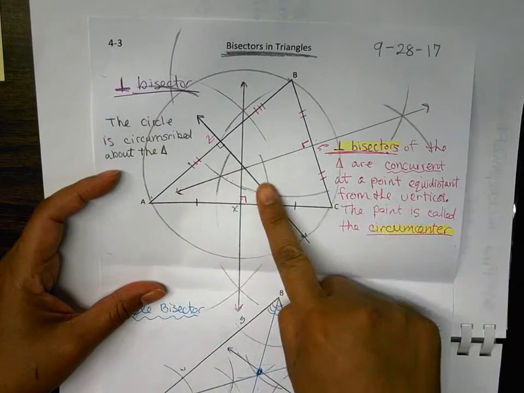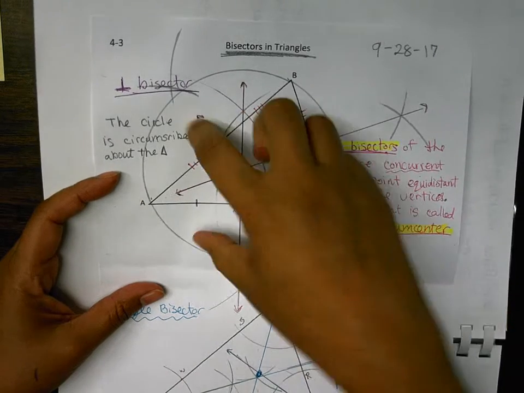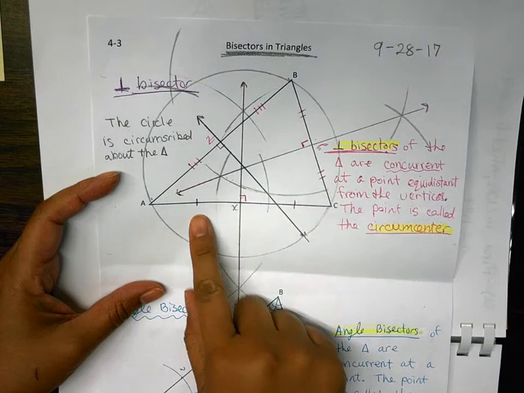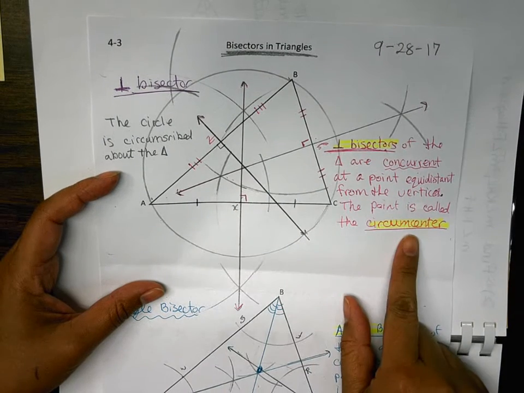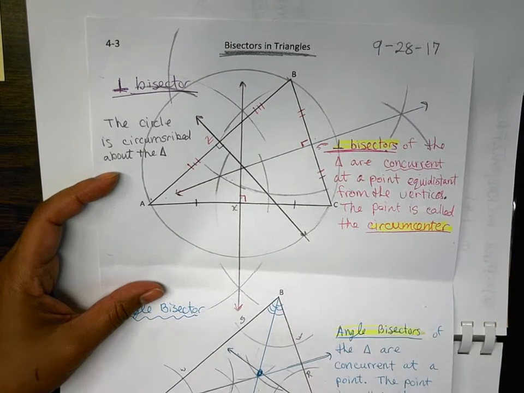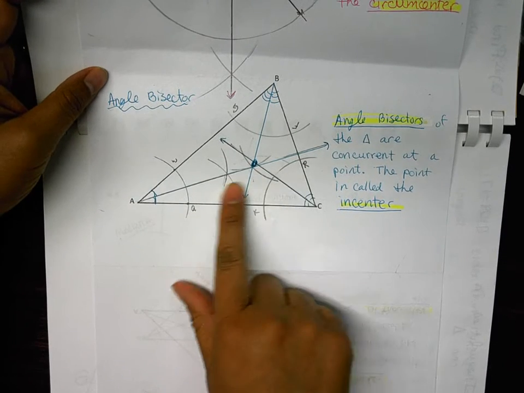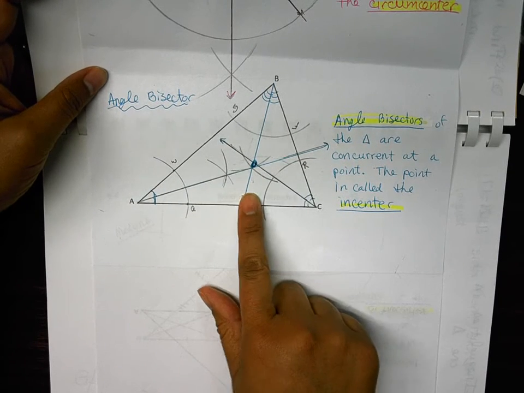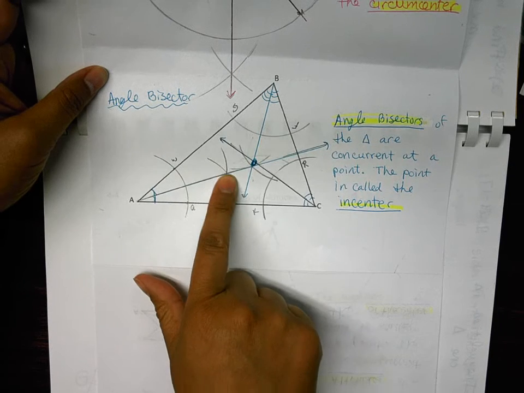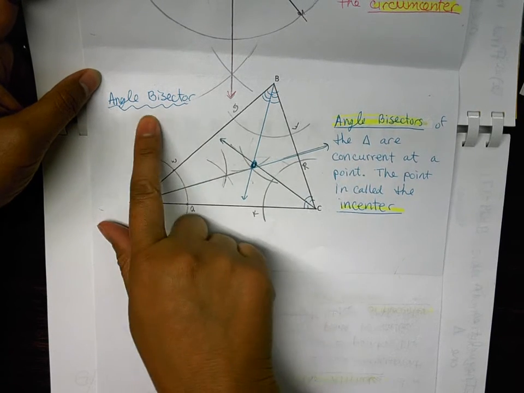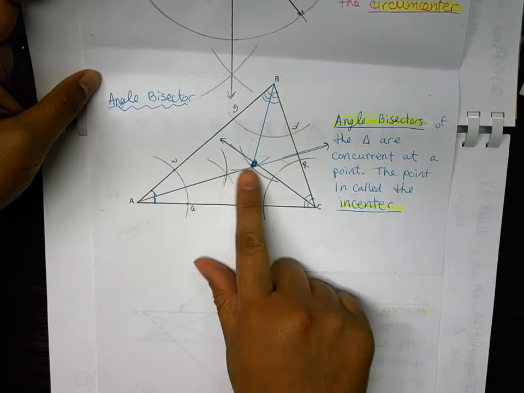All those little pencil markings, like those X markings, are all the little things we would have been doing. Perpendicular bisector, and it makes the circumcenter. Okay, next one. We're not going to do this anymore, but I just want to show you what it would look like. All those little pencil markings and the X markings are using the compass. These are the angle bisectors, and when they all intersect, it's called the what?